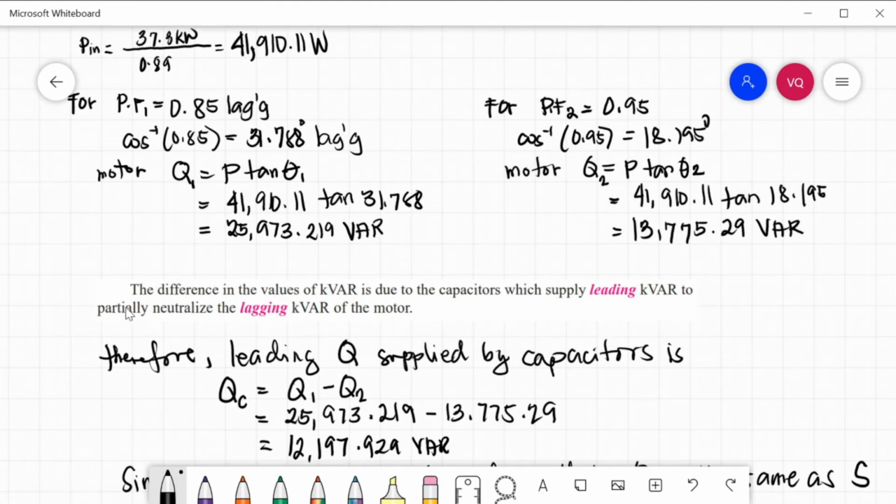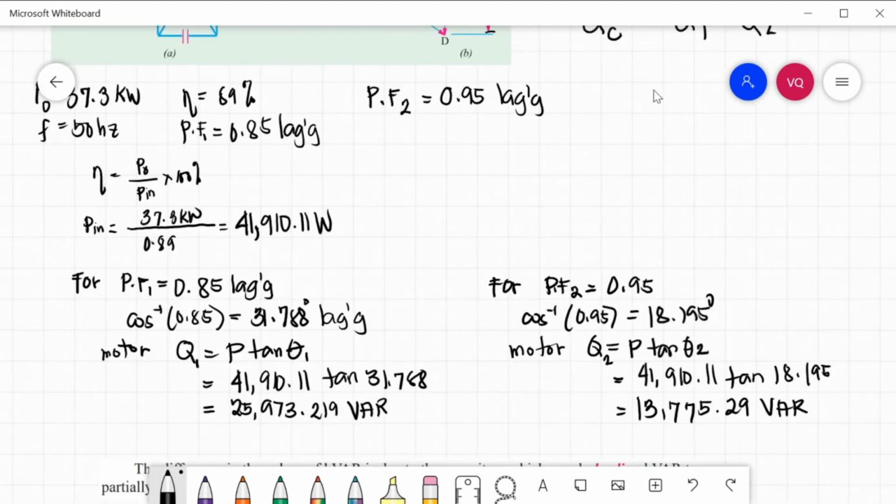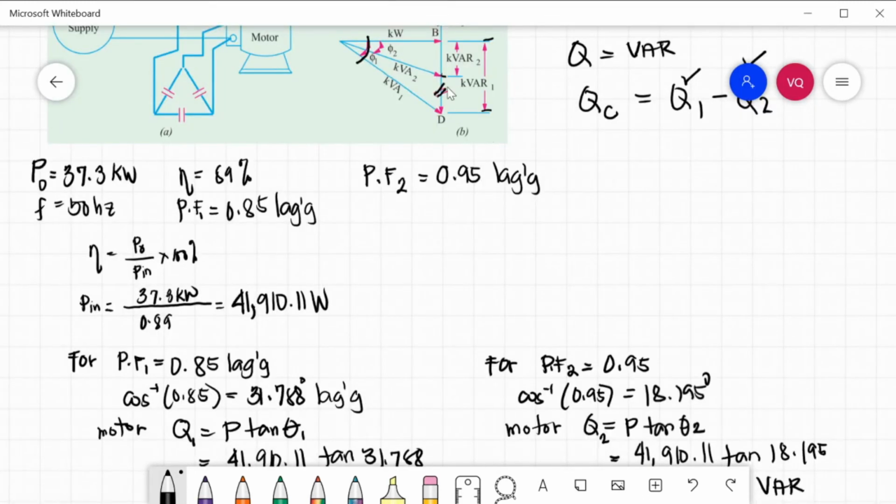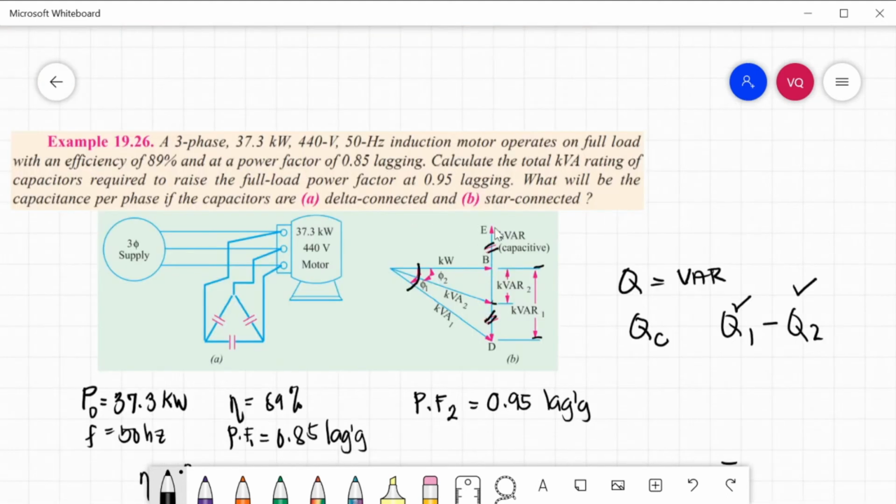So, the difference in the values of kvar is due to the capacitors which supply leading kvar to partially neutralize the lagging kvar of the motor. So, para makompensate yung lagging power factor dito, kailangan natin ng value ng kvar dun sa taas. Ito.